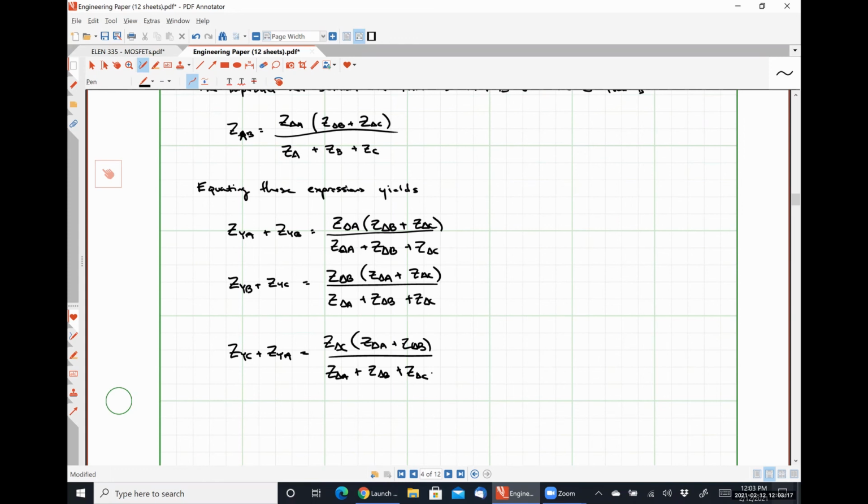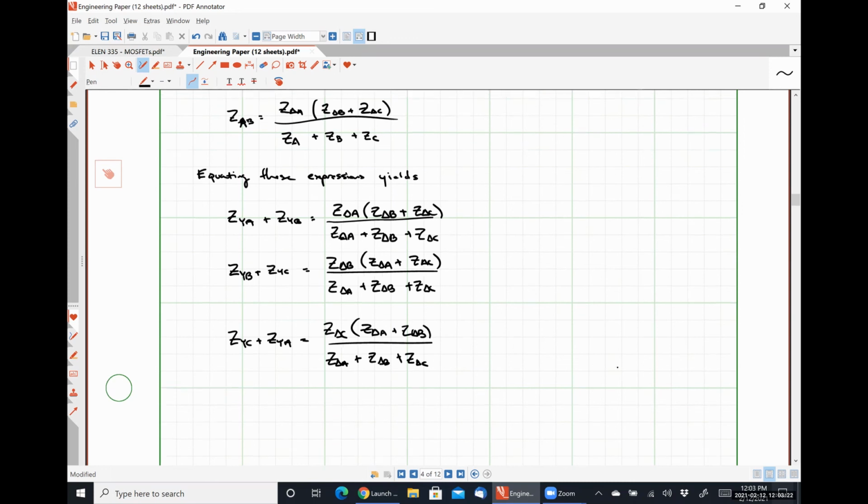If I know what the delta impedances are, then the Y impedances are the unknowns. So I can solve these guys.